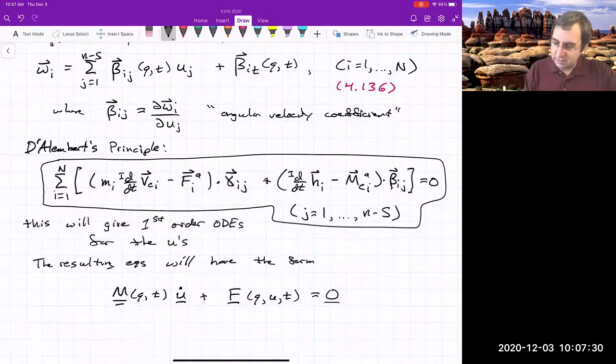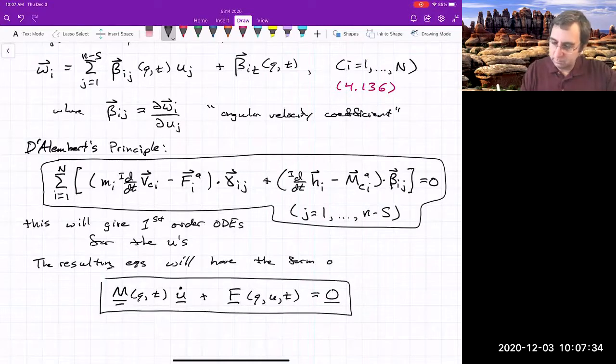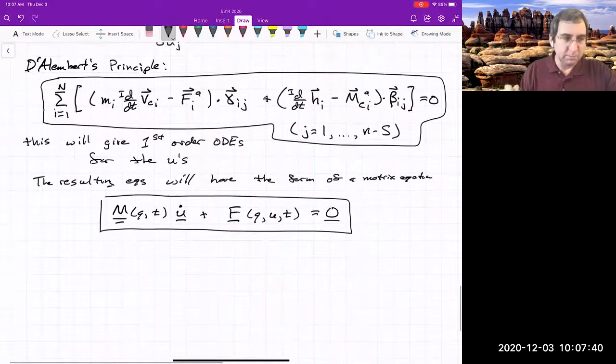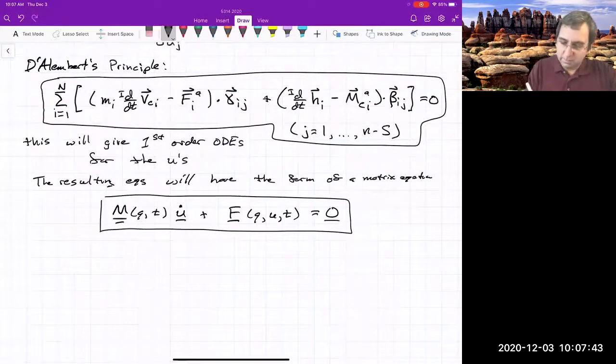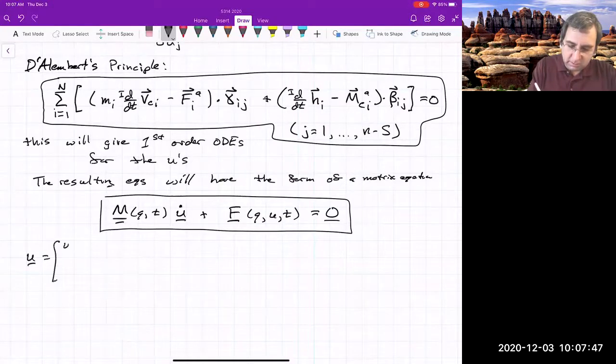So this is a matrix equation. U is just a column vector, U1 all the way down to U. Remember, this only goes to n minus s. Those are the only ones that matter.